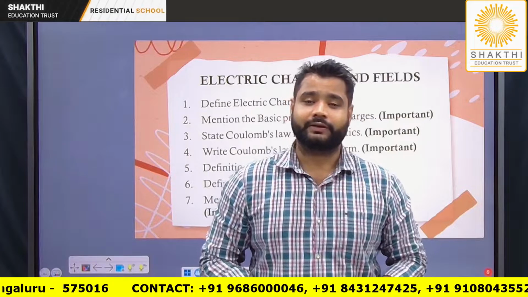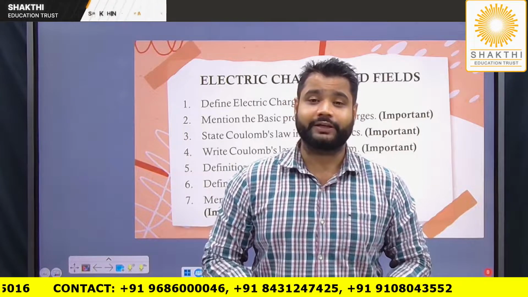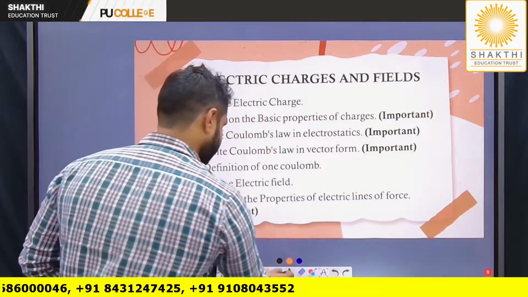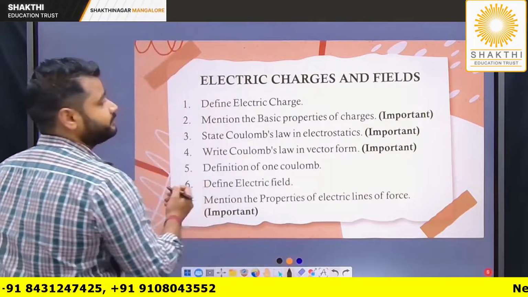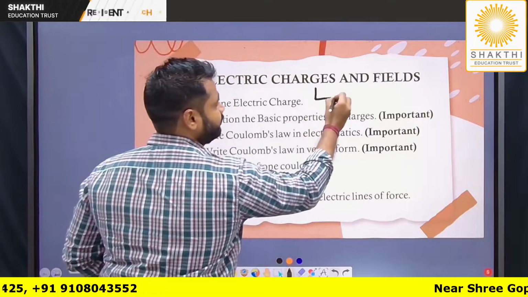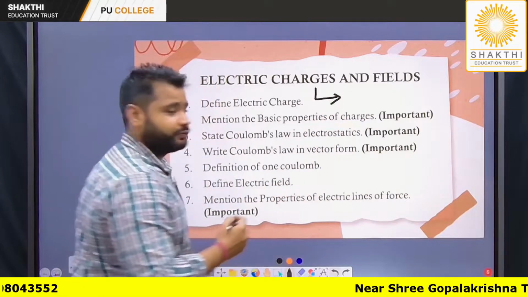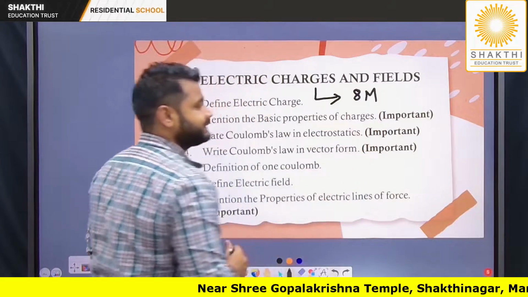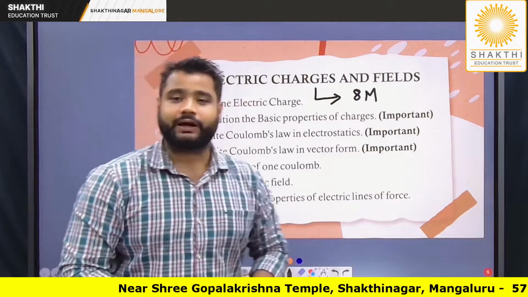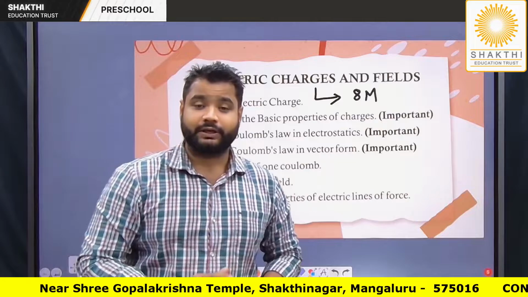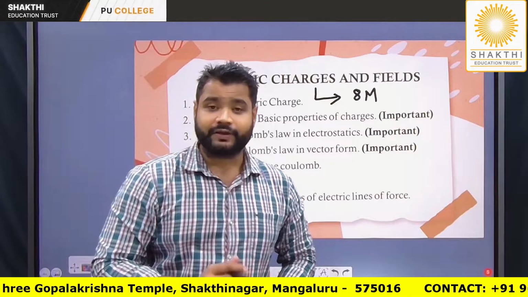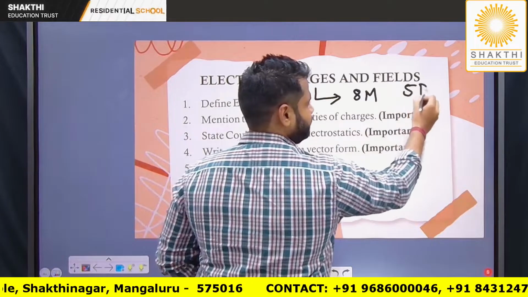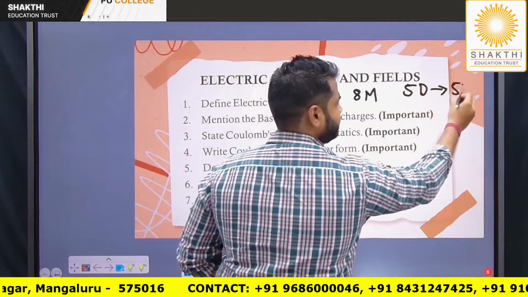So before we begin, let's understand the weightage of this chapter. The chapter electric charges and field has a weightage of around 8 marks for your annual examination. Now, a very interesting thing is that we have around 5 derivations which can be asked for 5 marks from this chapter.